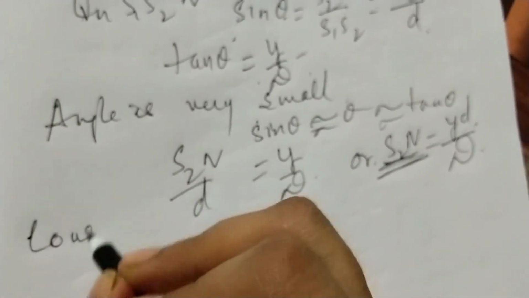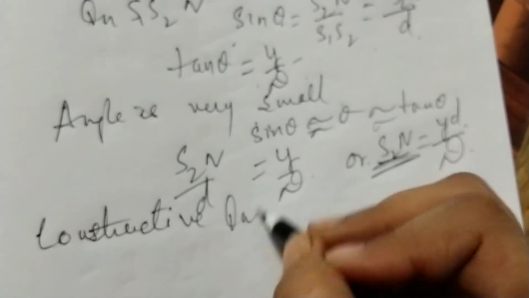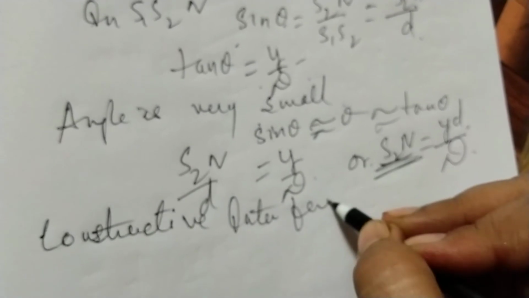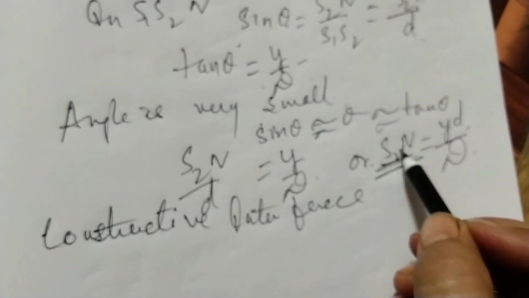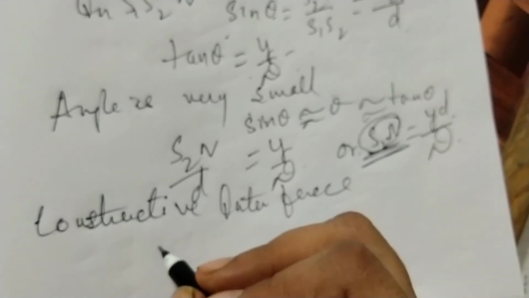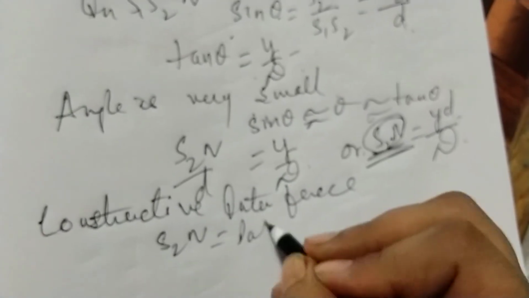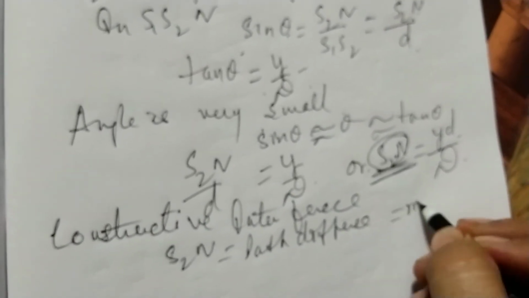Suppose I want to find out for the constructive interference. If you have seen my last class, you must know that for constructive interference, the path difference S2n should be equal to m lambda.